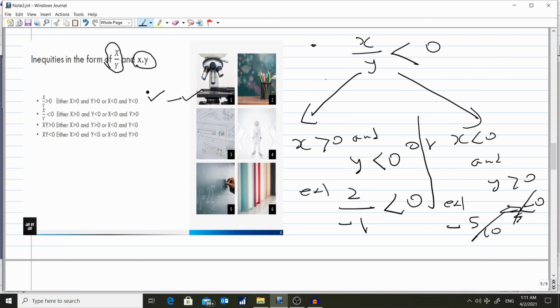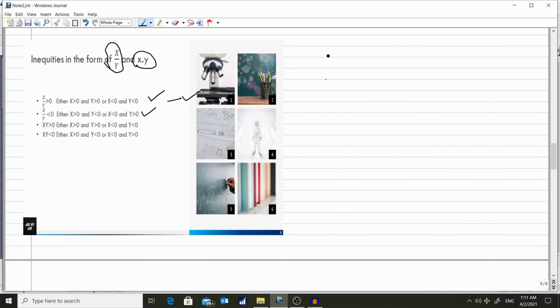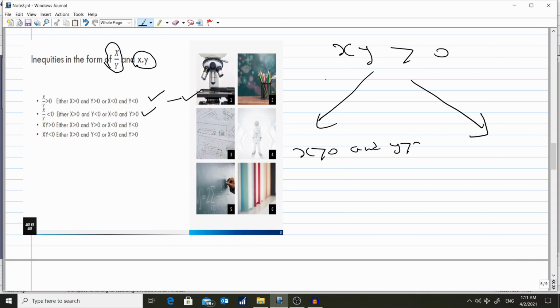Let's move on to the multiplication part. Here we have x multiplied by y greater than 0. What are the possibilities we can write down? x greater than 0 and y greater than 0 is one answer. For example, x can take 2 multiplied by y, also positive, 10. The total is 20, which is greater than 0.